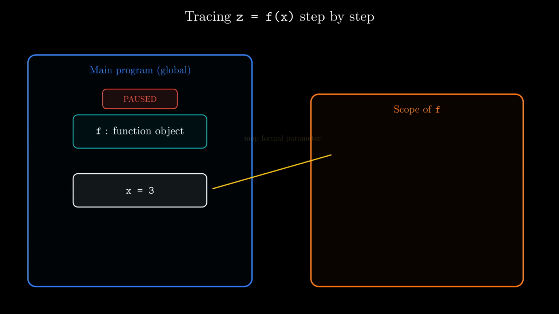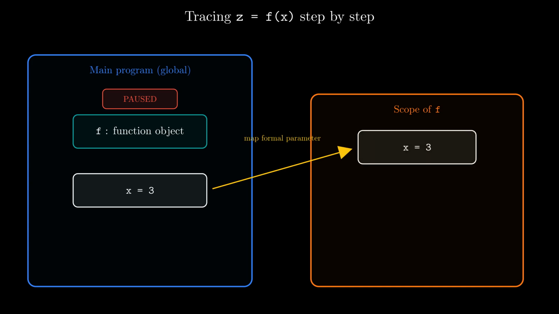Its first job: find f's one parameter named x and bind the formal parameter to the value passed in. So f's x becomes 3. Now the body runs. x = x + 1 takes f's x, which is 3, adds 1 and makes it 4. There's no collision because the scope has its own x.